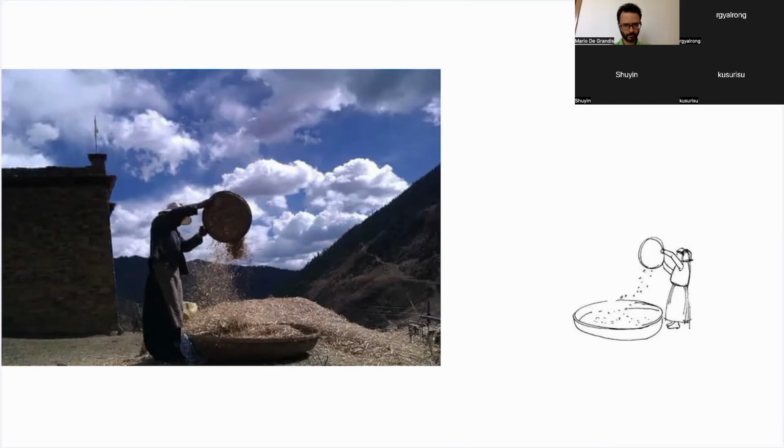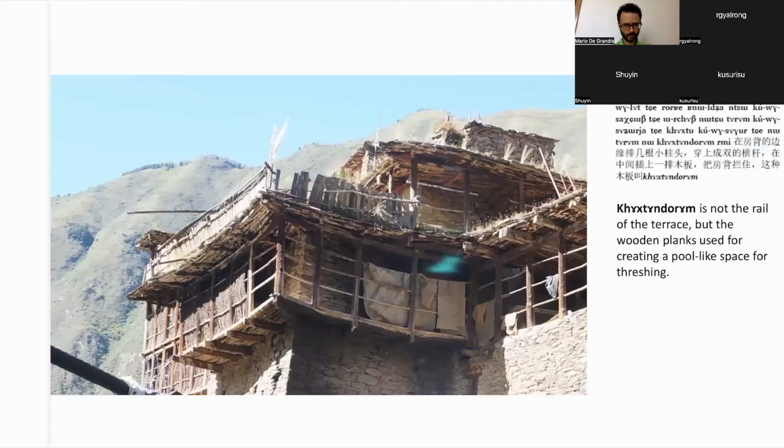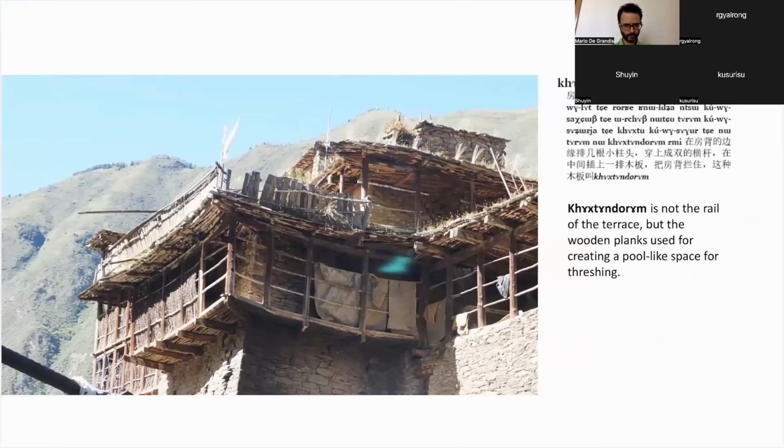And during those processes, one construction should be done before those two processes are taken. A special kind of wooden plank should be installed surrounding the terrace to form a pool-like area to prevent the grain from jumping outside onto the floor.